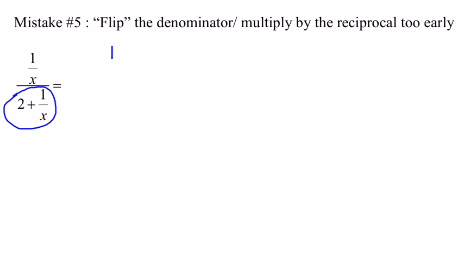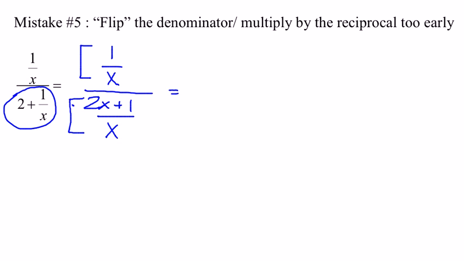So we've got 1 over x divided by, our least common denominator is going to be x, and so we have 2x plus 1. And so now, since we have this top part into one fraction, and this denominator into another fraction, we can go ahead and apply the reciprocal rule.